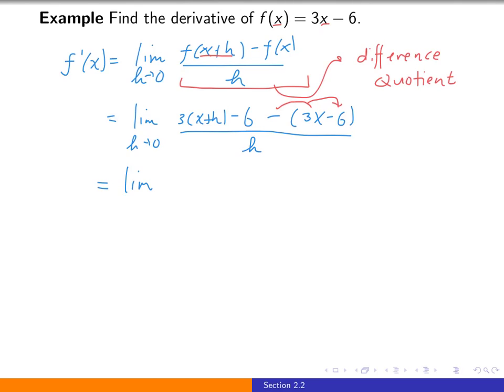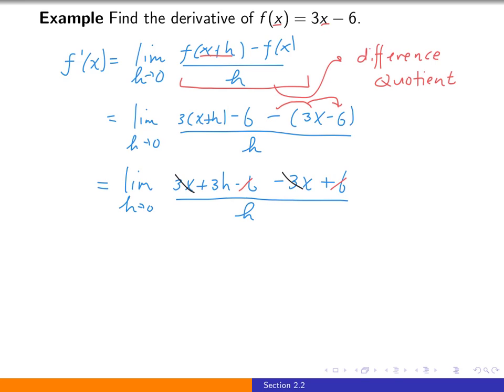So simplifying across the numerator, we'll have 3x plus 3h minus 6. And with the minus sign distributing through, we have minus 3x minus a minus, so plus 6. And some very nice cancellations occur. Minus 6 plus 6, minus 3x plus 3x.